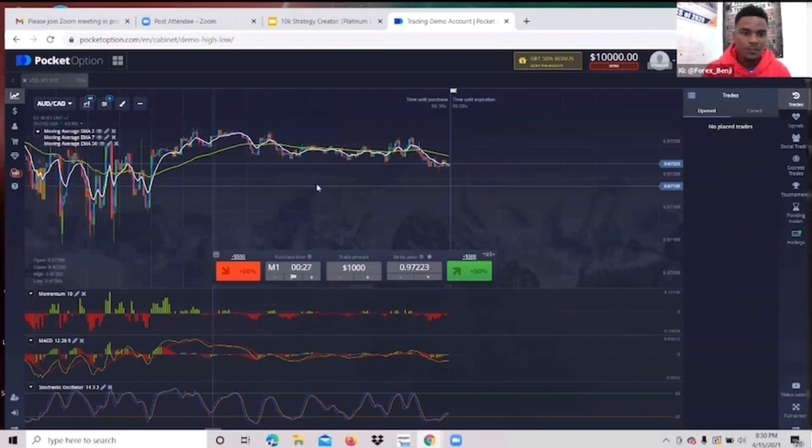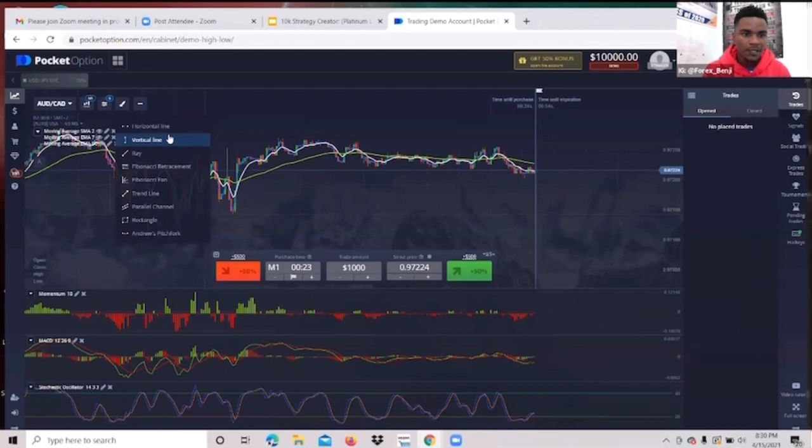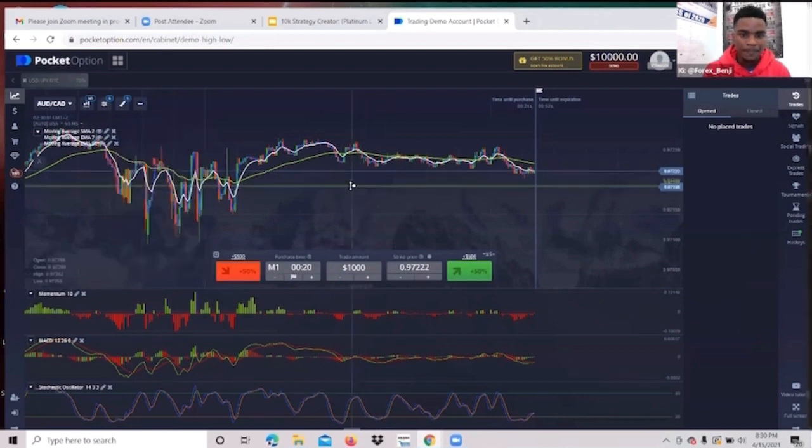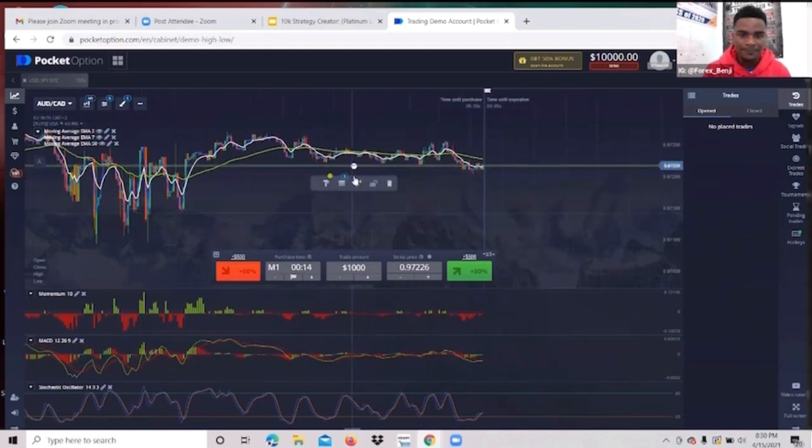So as you see, if we mark our support and resistance on AUD/CAD, right around here will be our support on a 1-minute time frame. We have one cross going up on the stochastic, one cross coming on the MACD, and momentum is shifting to the upside.